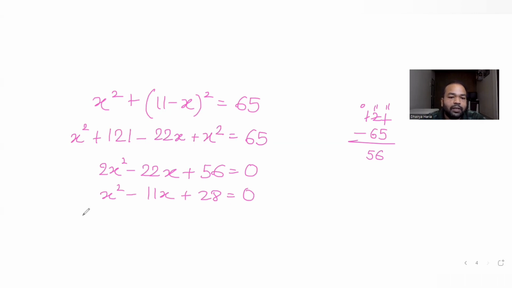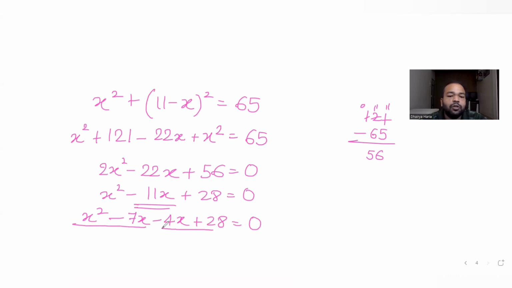Now I can split the middle term. The product of the two numbers should be 28 and their sum should be minus 11. The two numbers are 7 and 4, because minus 7 minus 4 is minus 11 and minus 7 into minus 4 is plus 28. So you get minus 7x minus 4x plus 28 is equal to 0.